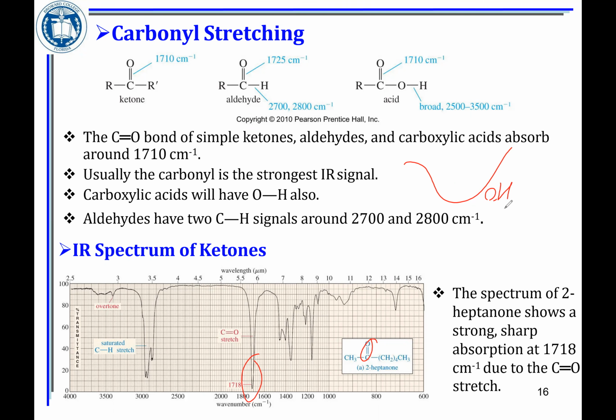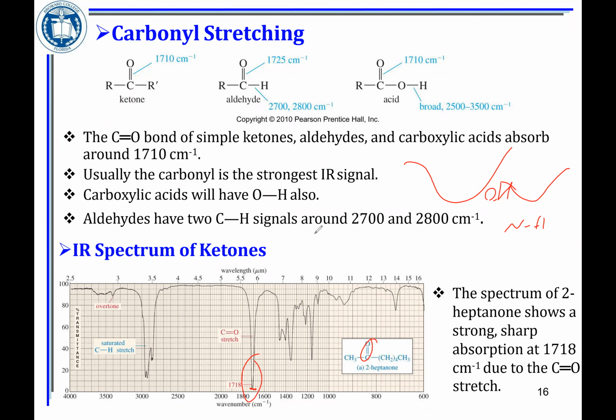Same thing for NMR. If you have an NH and OH, because of hydrogen bonding, the shape of the peak is going to be broad. But when you have a CO double bond, that is a polar bond, you would get a sharp and strong peak. It's kind of reaching the base of the spectrum.